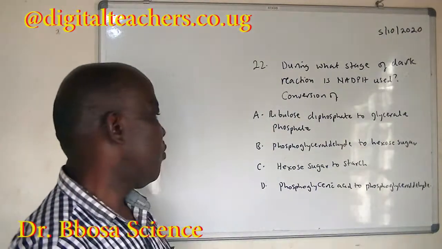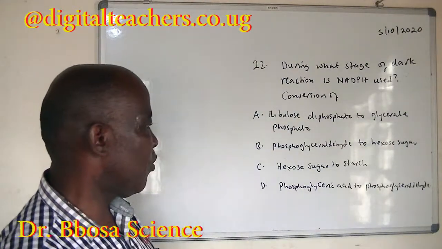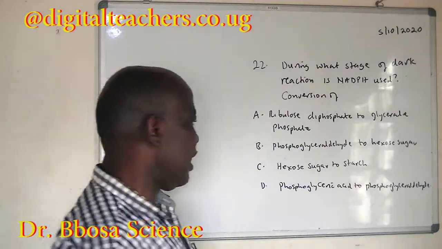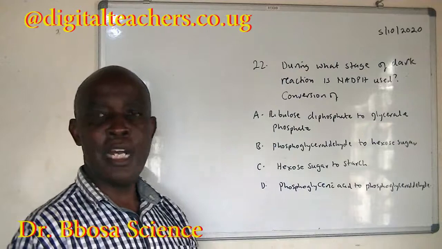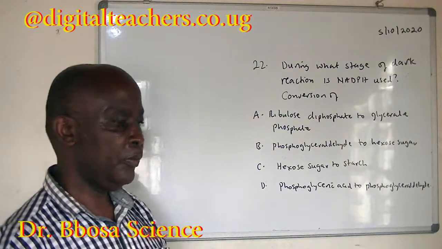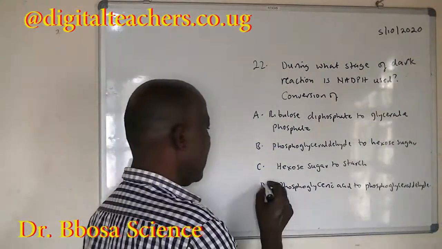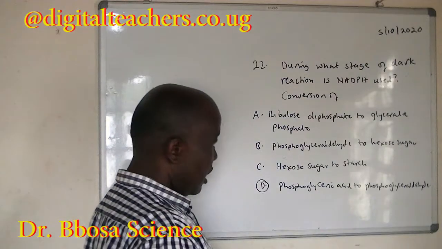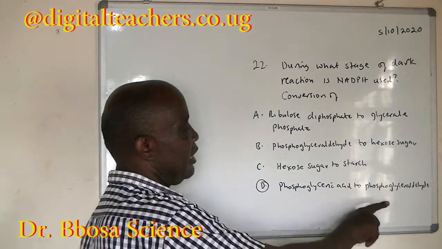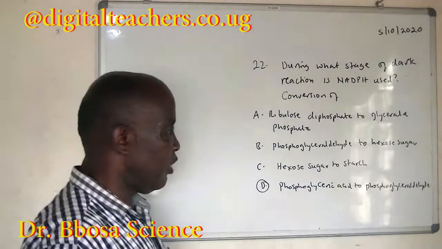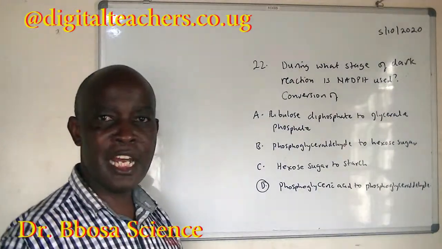D. Phosphoglyceric acid to phosphoglyceraldehyde. You can pause and then we continue. So the answer is D. NADPH reduces phosphoglyceric acid to phosphoglyceraldehyde.